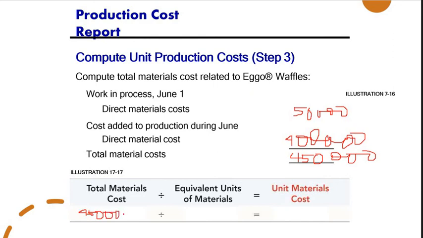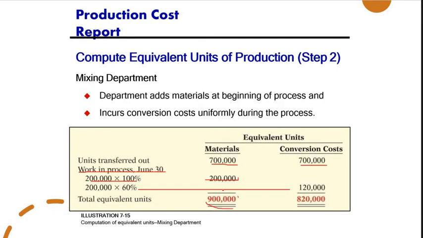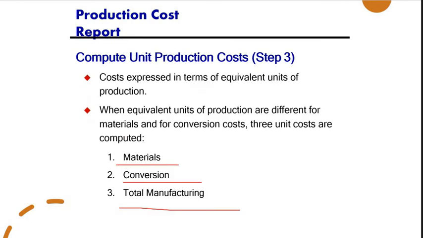Okay? Ganda ng sulat ko. Sensya na. Okay? Next is the unit material cost computation, kailangan ma-convert mo muna siya. So, ilan yung equivalent units of materials natin kanina? 900. Tama? Okay?